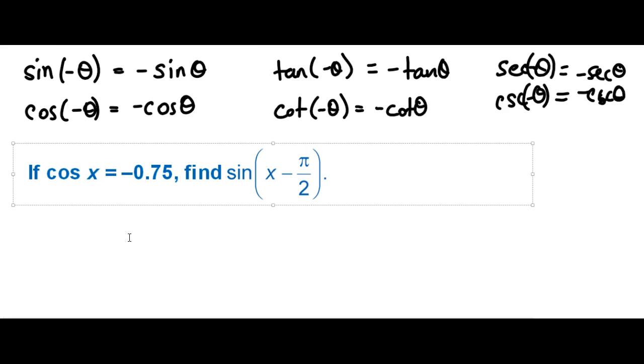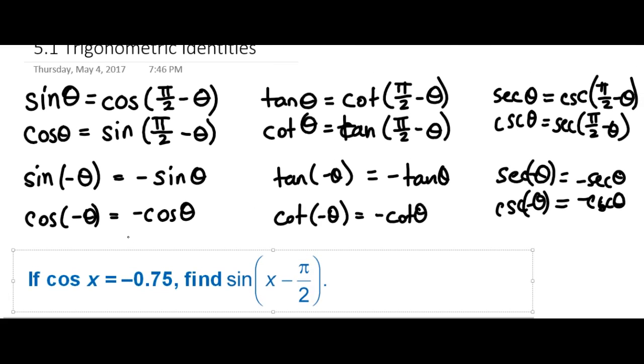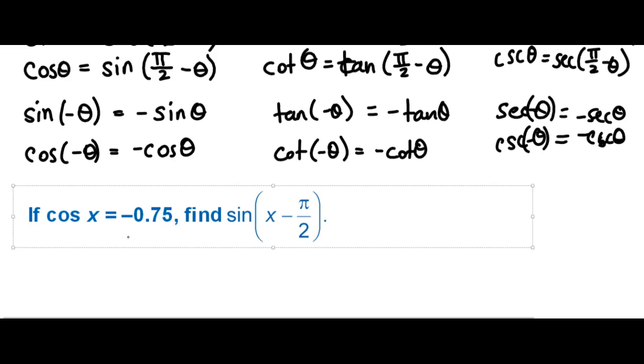So if we're given this example, if cosine of x equals negative 0.75, and we need to find the sine of x minus pi over 2, first of all, we have to realize that our relationships come in pi over 2 minus theta, which is the opposite of what we're given here.